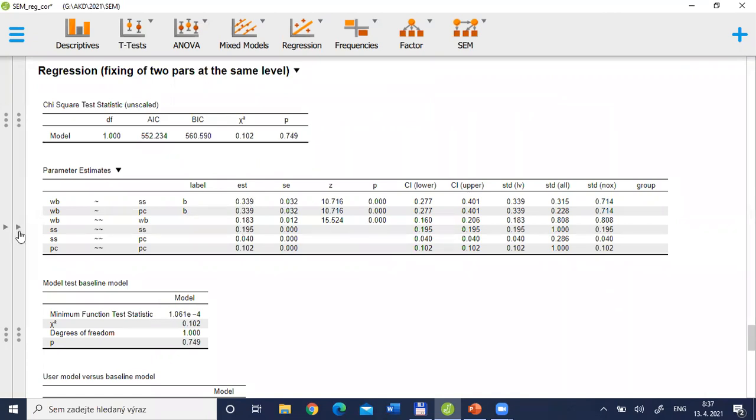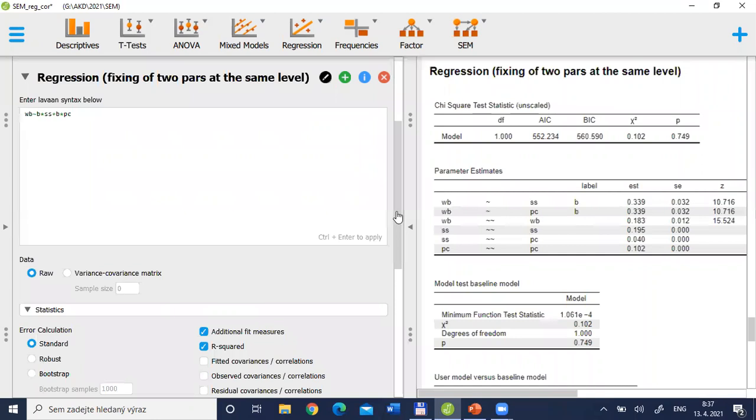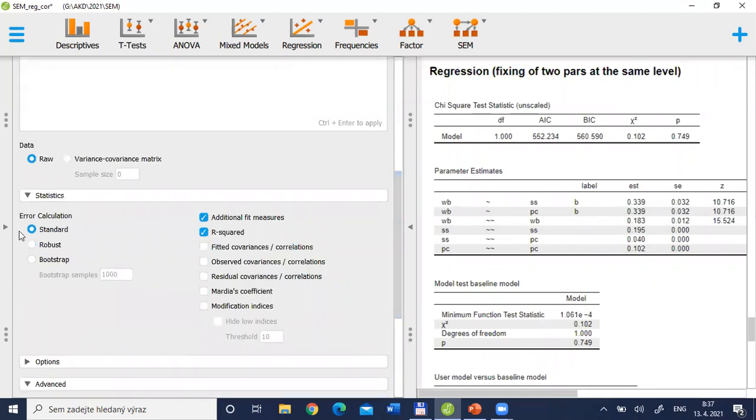If you like to change these settings, you can change the error calculation to robust or bootstrap, and this confidence interval and the test would slightly change, but there is no option here to change the level of this confidence interval from 95%.